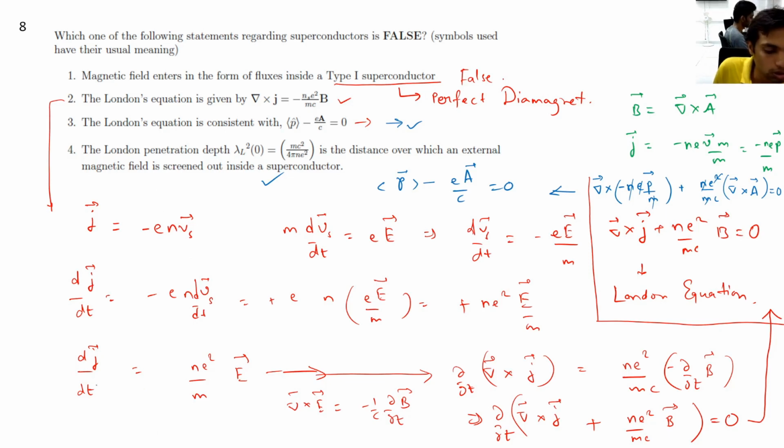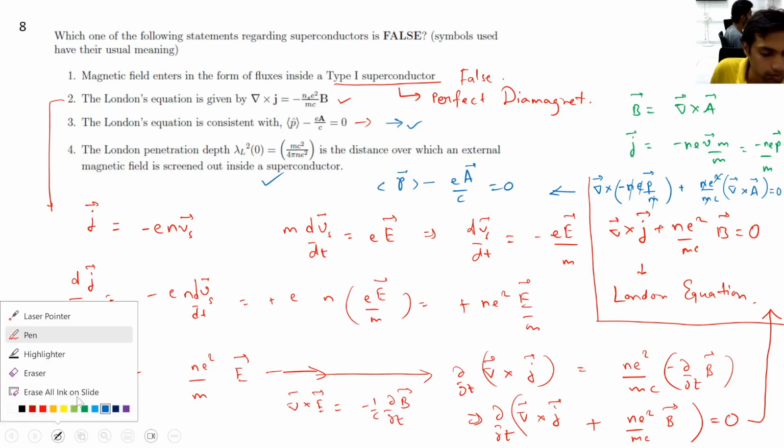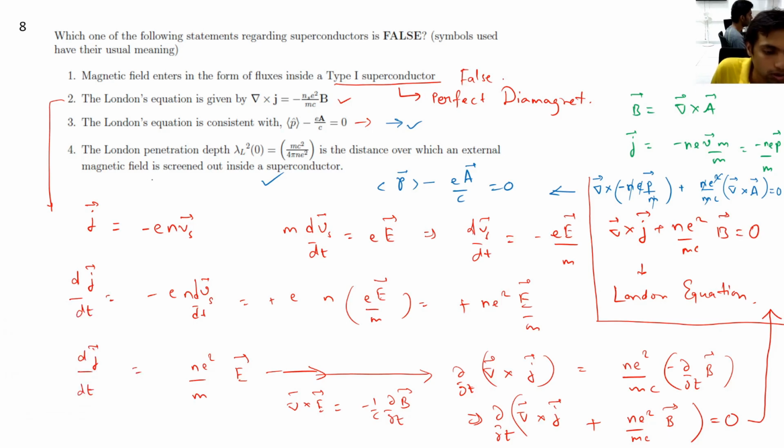So how do you use Ampere's law: curl of B is equal to 4 pi by c times j. Then you have to take curl on both sides. I'll just do it once.